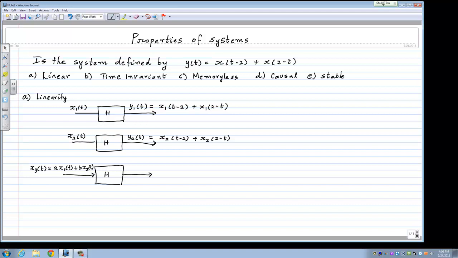If that turns out to be the same, then the system is linear, otherwise it's not. That makes sense? So let the output of the system for this input be y3 of t.